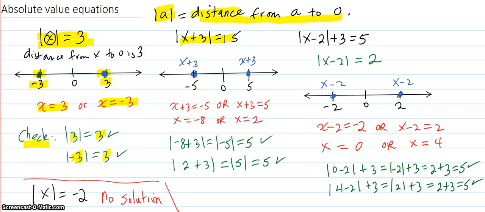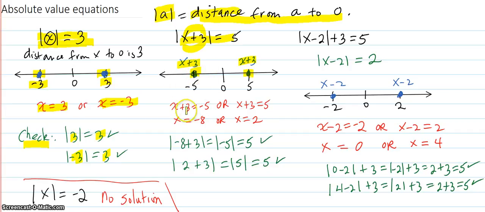Let's go on to this one. Absolute value of x plus 3 equals 5. So the quantity x plus 3 is 5 units away from 0, above or below. So that puts the quantity x plus 3 either at 5, or at -5.